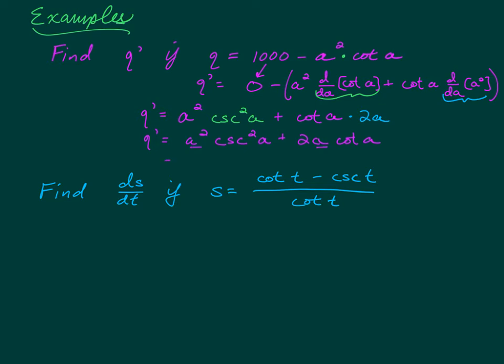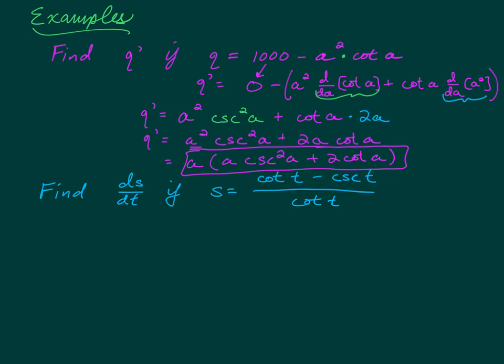So common factor out an a. This leaves you with a cosecant squared a plus 2 cotangent a. So there is a simplified answer for that one.